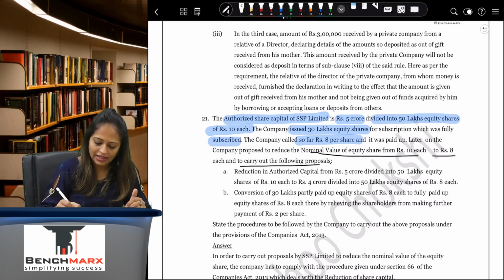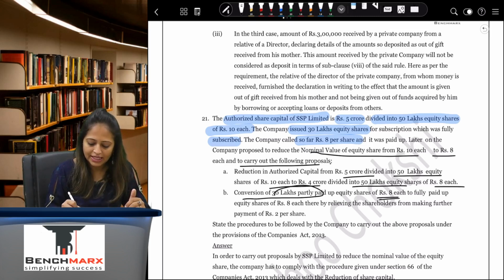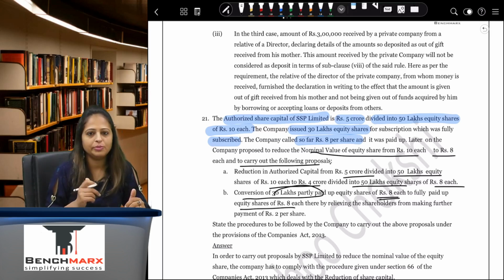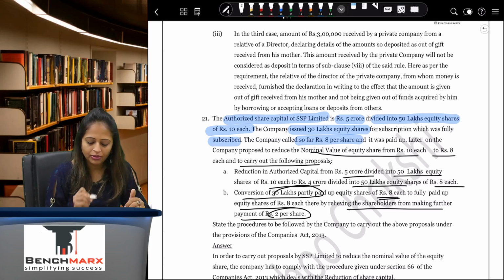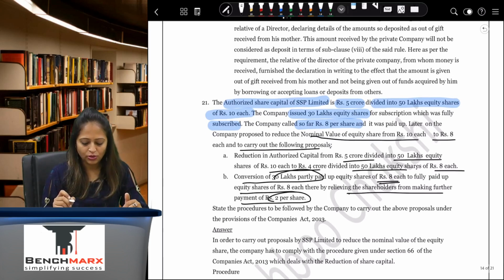Reduction in authorized share capital from 5 crores divided into 50 lakh equity shares of rupees 10 each to 4 crores divided into 50 lakh equity shares of rupees 8 each. Conversion of 30 lakh partly paid up shares of rupees 8 each to fully paid up shares of rupees 8 each by relieving the shareholders from making further payment of rupees 2 per share. State the procedure to be followed by the company to carry out the proposal.